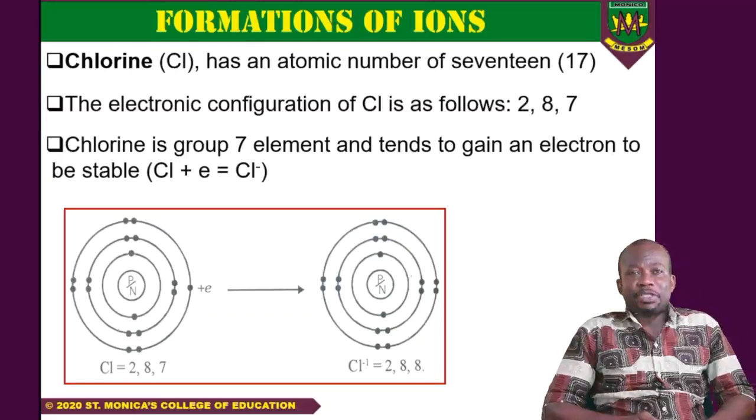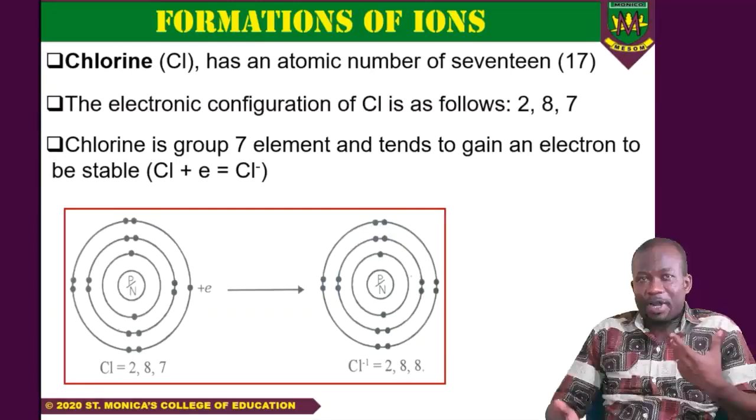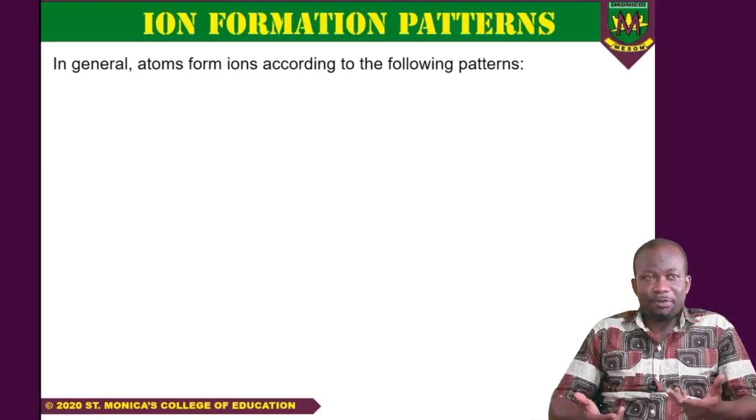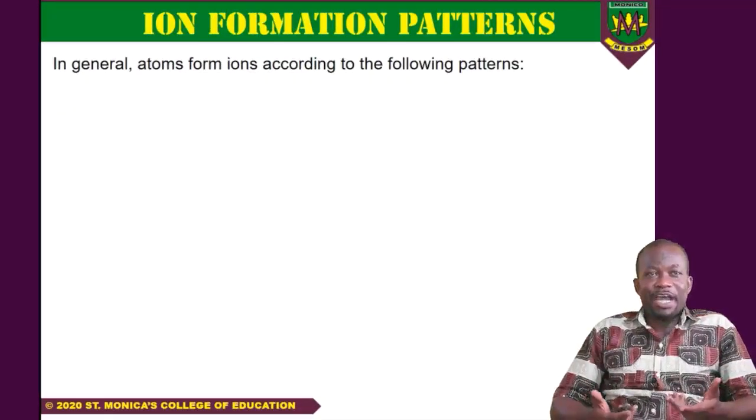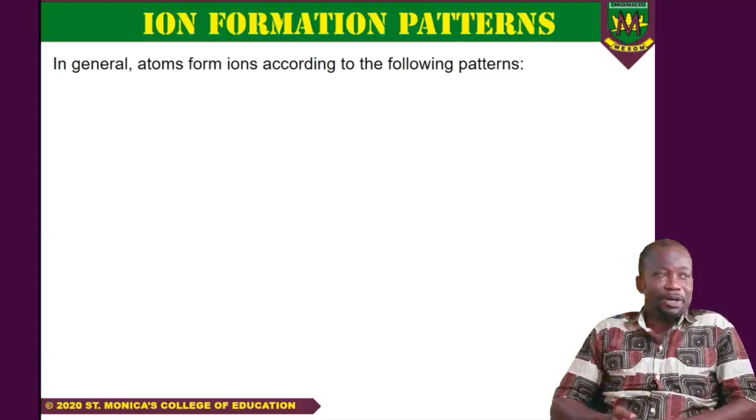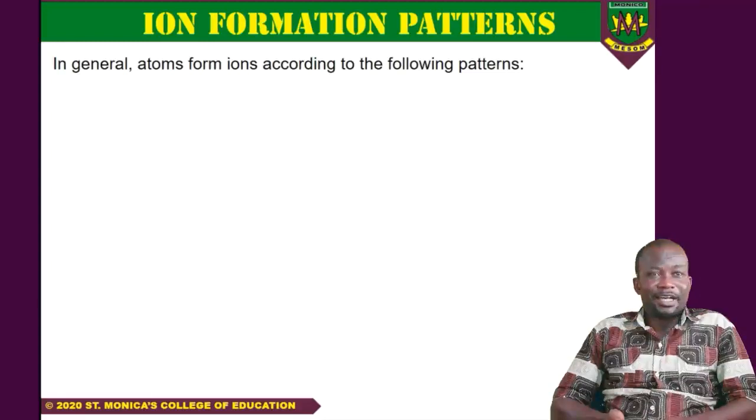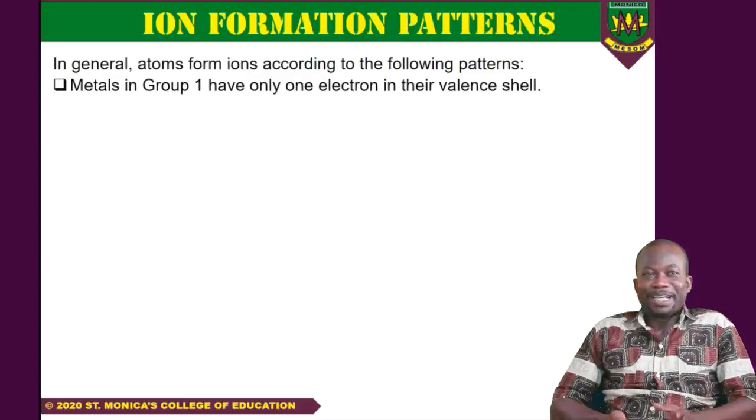Now, ion formation patterns. How are the patterns with which ions are formed? In general, atoms form ions according to the patterns that we are going to talk about. Metals in group 1 are called alkali metals. They have only 1 electron in their valence shell.